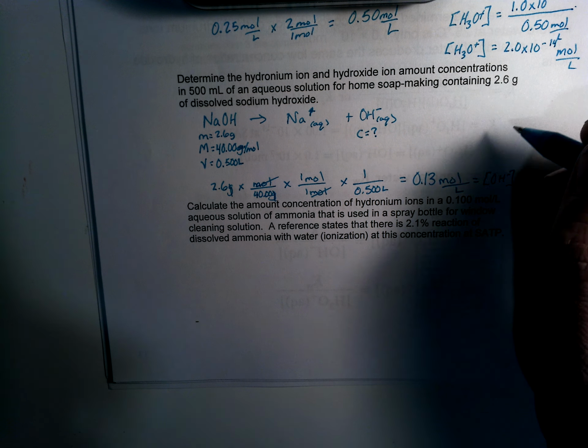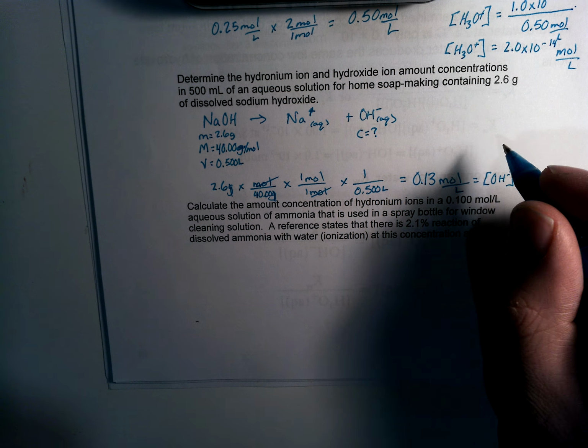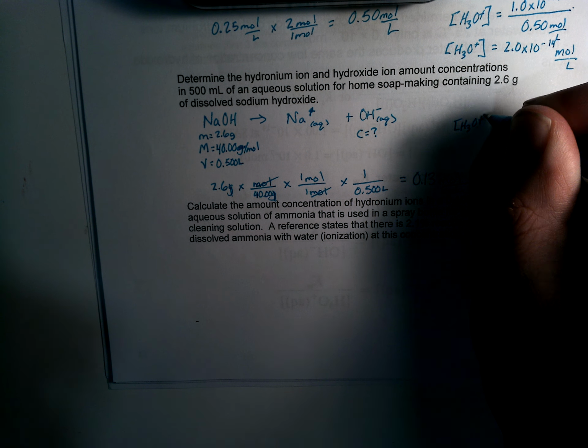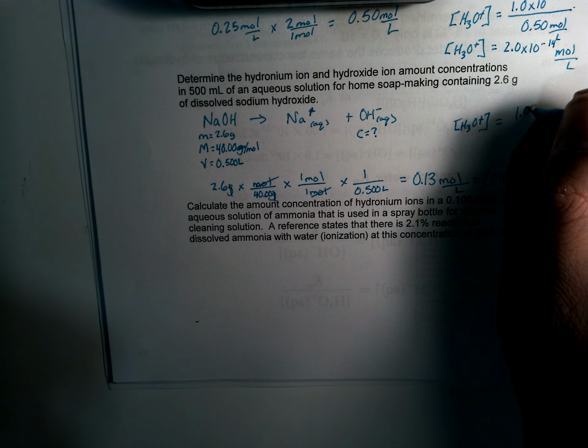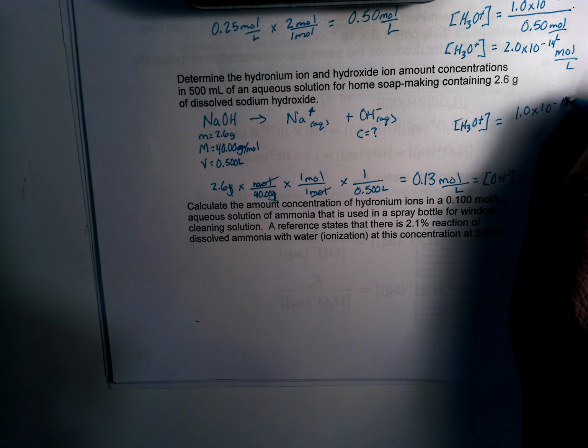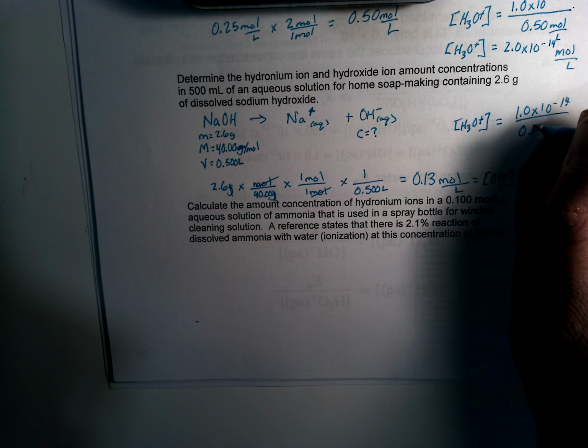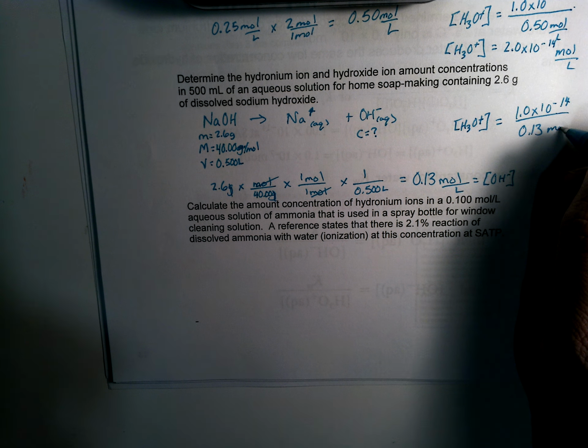So that's how much hydroxide we have. Okay, and then we'll just use our Kw formula. So to find hydronium, it's going to equal 1.0 times 10 to the minus 14 divided by our concentration of hydroxide, 0.13 moles per liter.